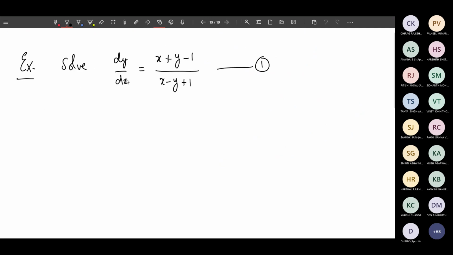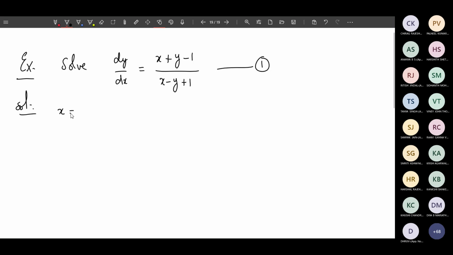Now, if you look at this equation, we have constant terms alone. Therefore, we need to reduce this into homogeneous form by a suitable substitution. The substitution is clear. Directly, this is not homogeneous.